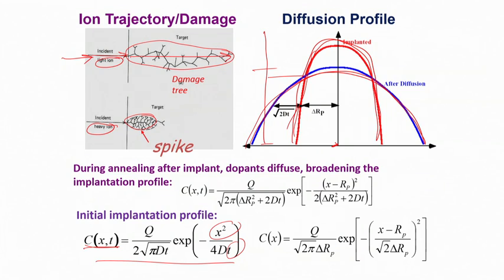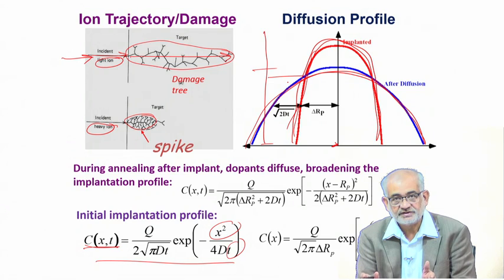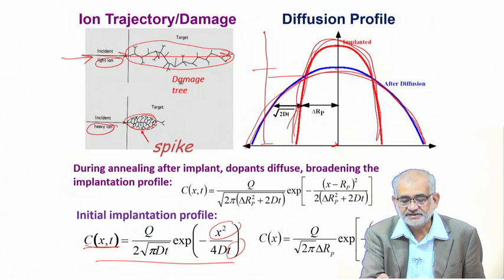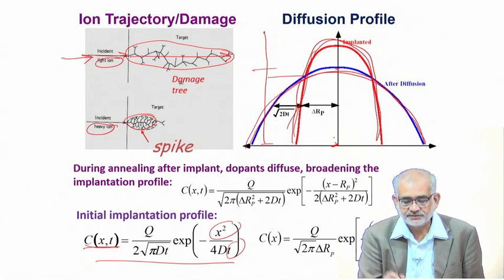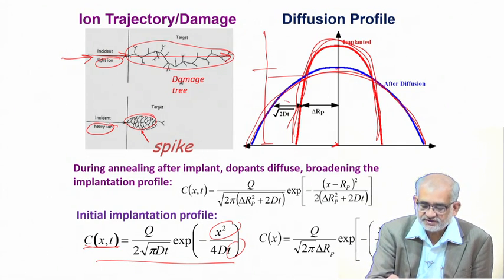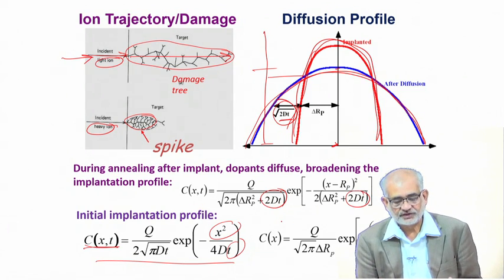Depth-wise, the initial profile is deeper and narrower, and after annealing, the overall width will be wider, so it will spread wider, but the peak concentration will be lower. That is purely because of this thermally activated component, so root over 2Dt. This diffusion contribution will make certain changes in the overall profile.